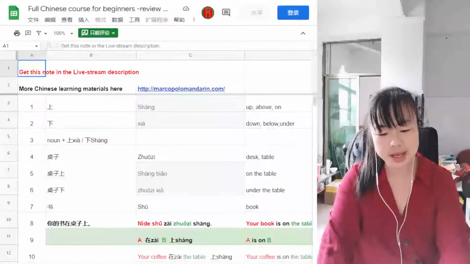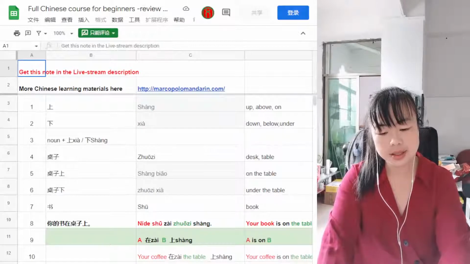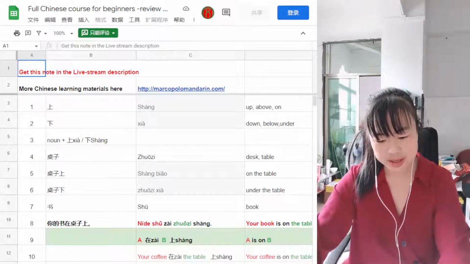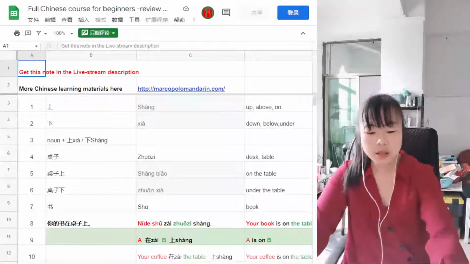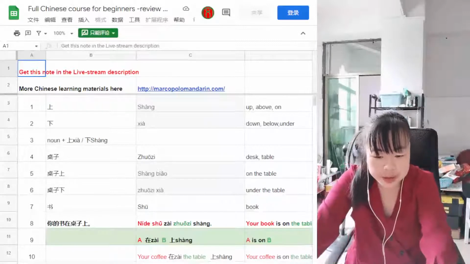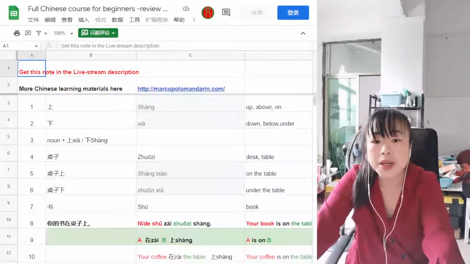So we can say 桌子在车站后 or 桌子在车站的后边. The 的 is optional. Okay, wait a few seconds. I will type the pinyin for you.